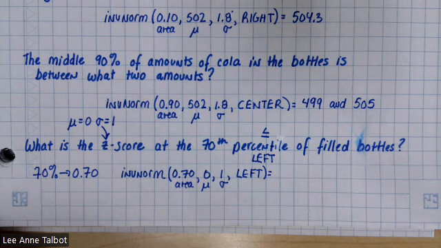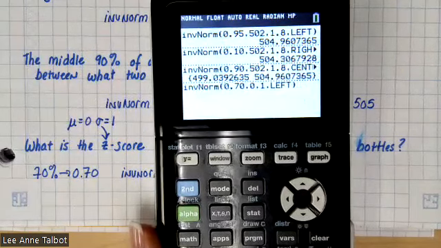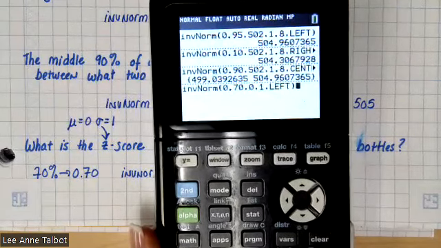Inverse norm, 0.70, 0, 1. Do you guys notice that your calculators default to that? The standard normal? It also puts that scientific notation 1 times 10 to the 99 in there a lot of times.